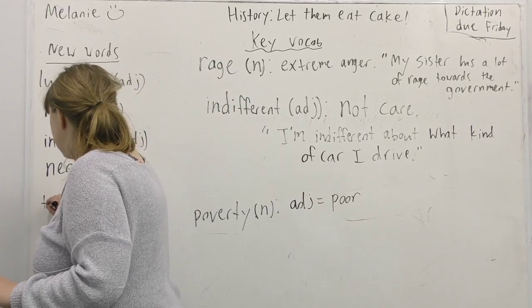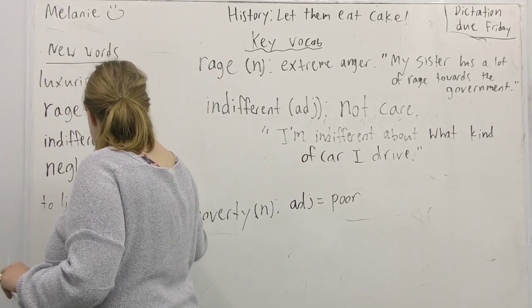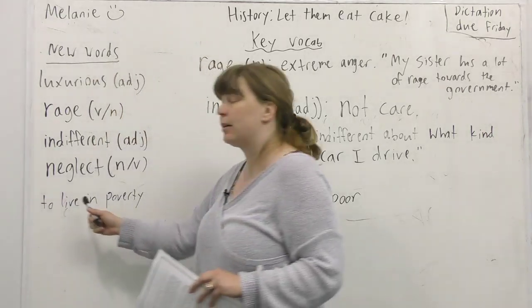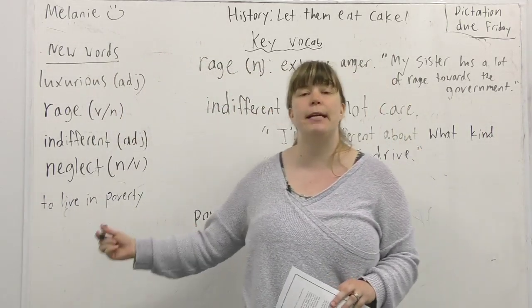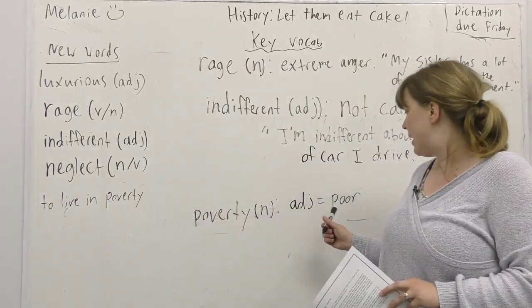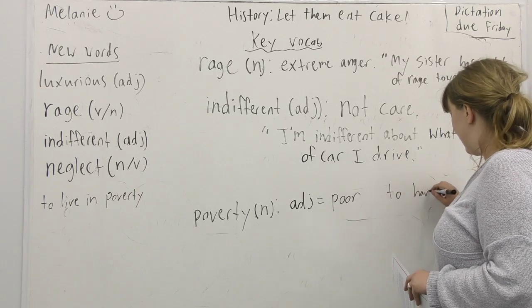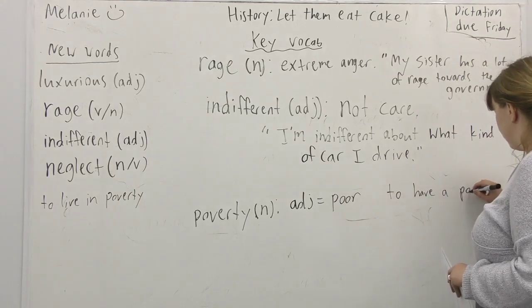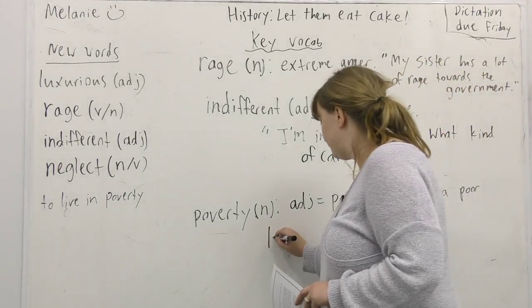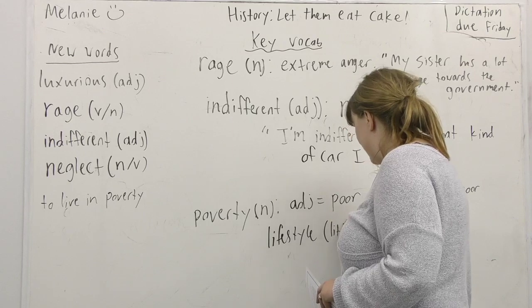So I'm going to put that down, to live in poverty. This is kind of a phrasal verb. To live in poverty means to have a poor lifestyle. You can't afford much. So that's poverty. So little money.